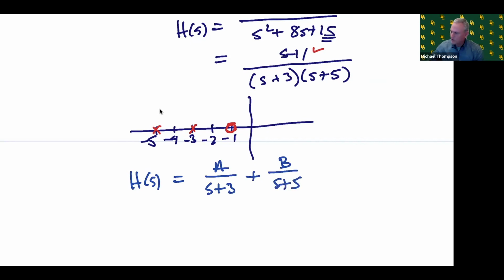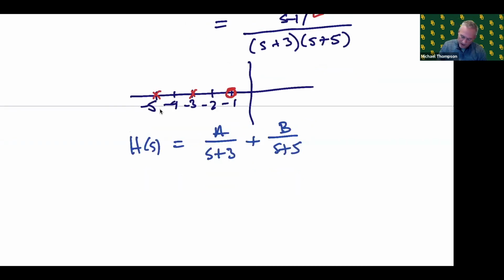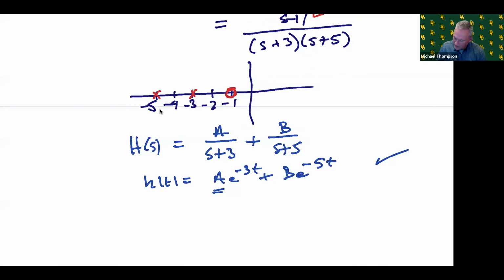You do that partial fraction expansion to get the form of the solution. And so h of t would be A e to the minus 3t plus B e to the minus 5t. Good, that's the form of the solution. We could get the exact solution if we calculate A and B, which we can let MATLAB do.